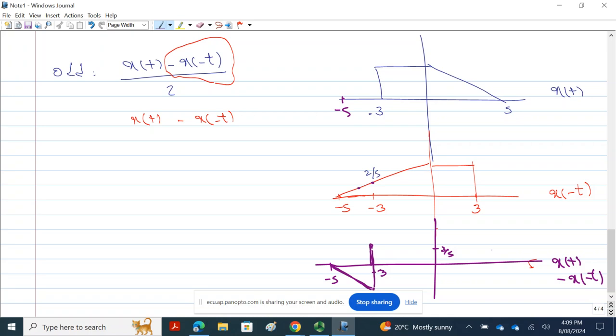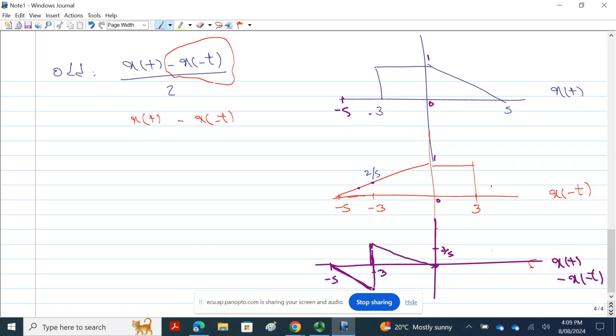Okay, now what I know is that at point 0, here and here, that's 1, that's 1. So what should be the answer? 0. So I know I should come down until I get to 0. Correct.